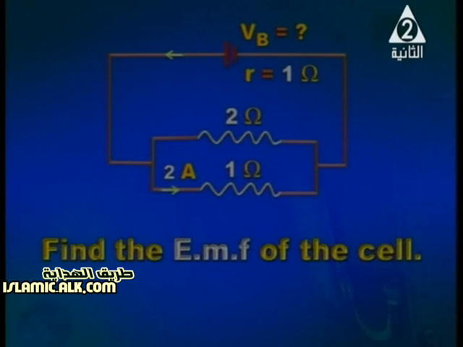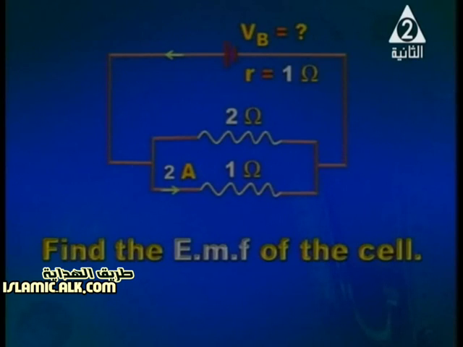Okay. We've got two resistors connected in parallel, so the potential difference across them is the same. Potential difference across the 1 ohm resistor can be calculated. It's all easy. We know the value of the resistance, it is 1 ohm. Current through it 2 amperes. So voltage across the 1 ohm resistor is 2 volt.